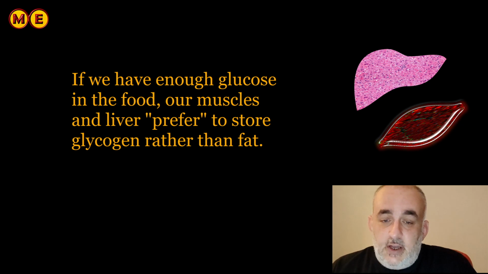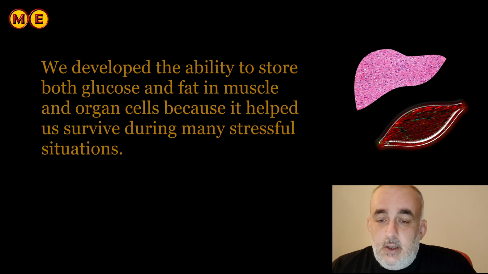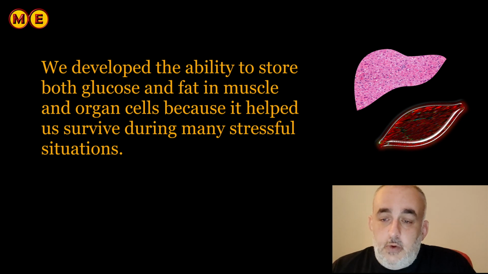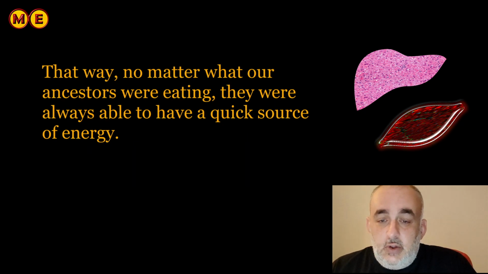But if they don't have access to glucose, then they can also store fat. We developed the ability to store both glucose and fat in the muscle and organ cells because it helped us survive during many stressful situations. That way, no matter what our ancestors were eating, they were always able to have a quick source of energy.